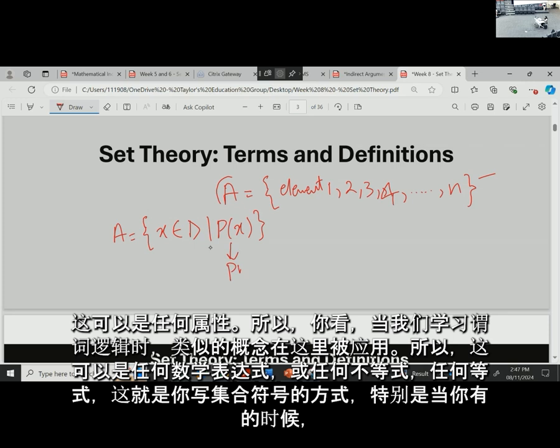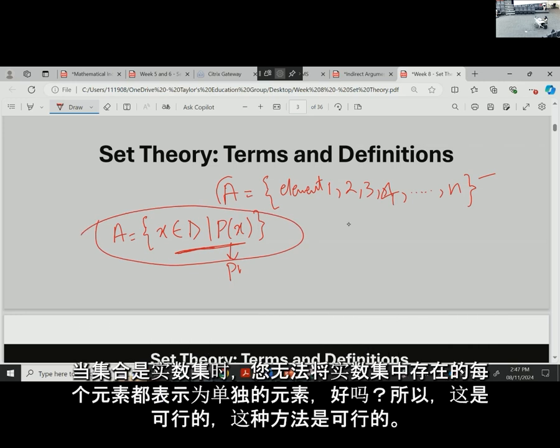So you see, similar concepts from your previous lectures are being applied over here when we studied predicate logic. This could be any mathematical expression, any inequality, any equality, and this is how you write the set notation.